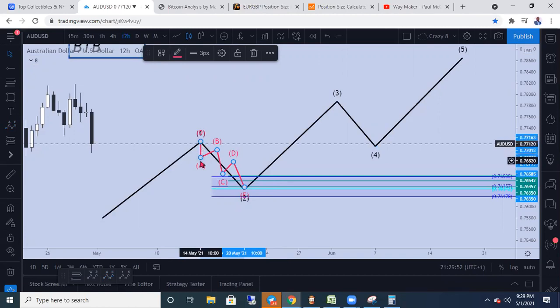It doesn't happen like that all of the time, but there's every likelihood that when you go to the lower time frame, what you would see is a downtrend. Whereas on the H4, what you can see is an uptrend. But on the 15 minutes, what you will see is a downtrend.